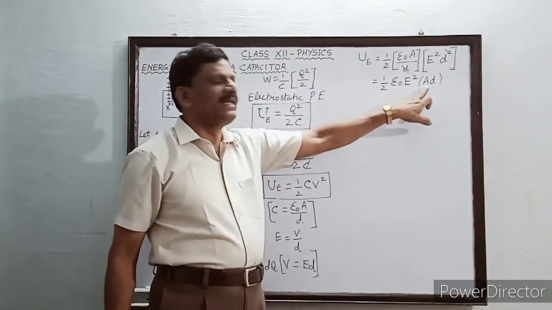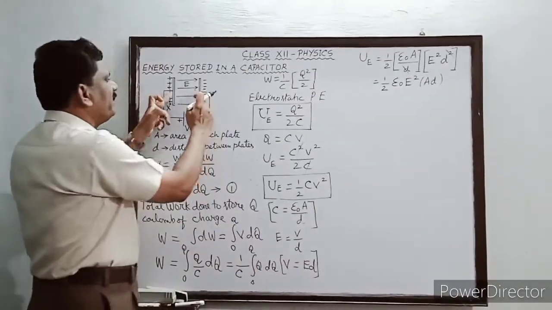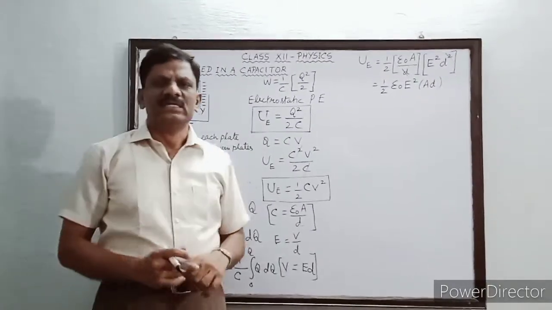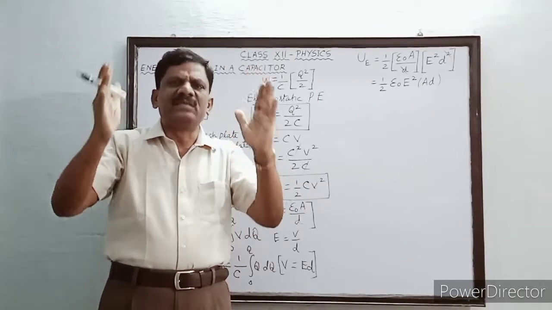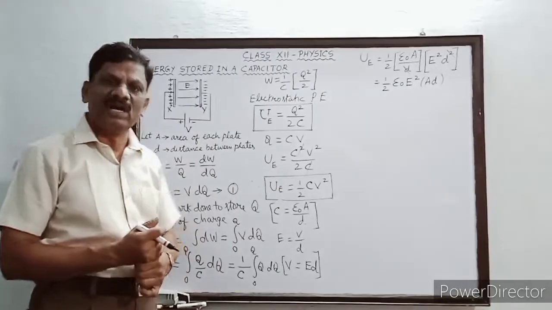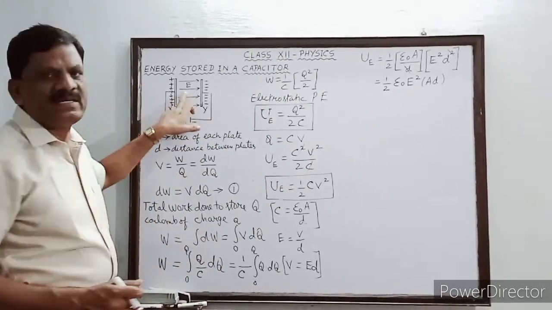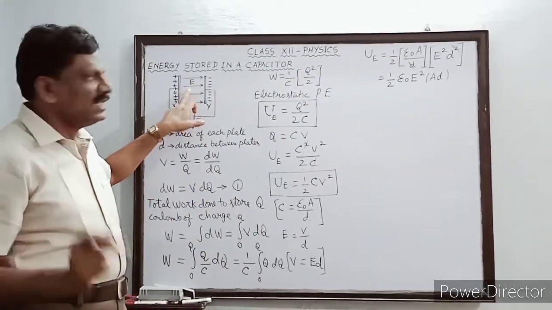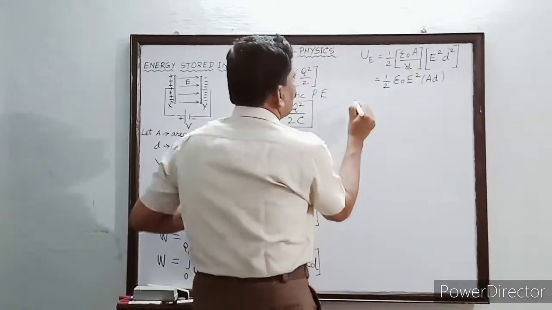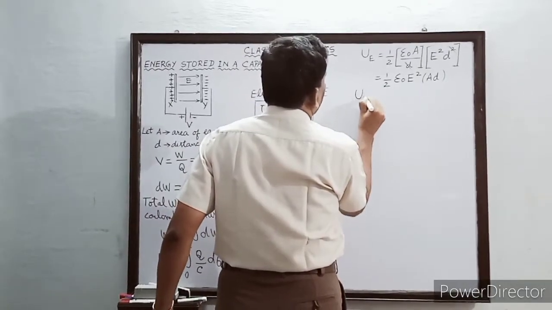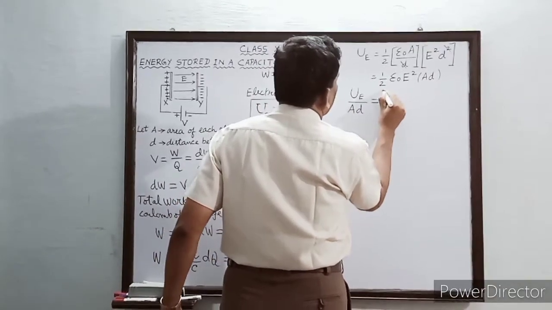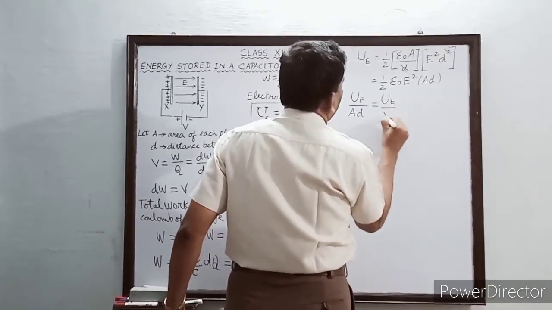Now if capital A is the area of cross section of each plate and D is the distance of separation between the two plates, then area of cross section multiplied by the distance will give you the volume of the space between the two plates where the electric field is existing. So this A into D must be equal to volume. So this UE divided by A into D is equal to UE divided by volume.